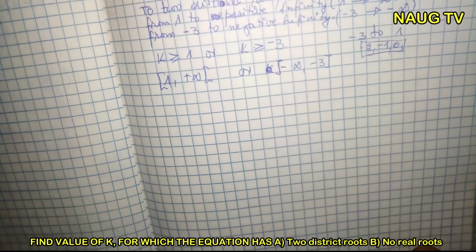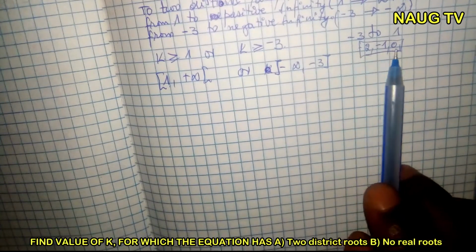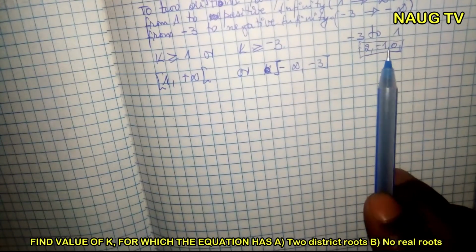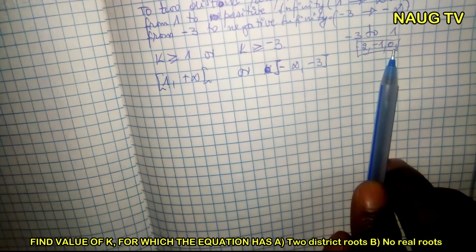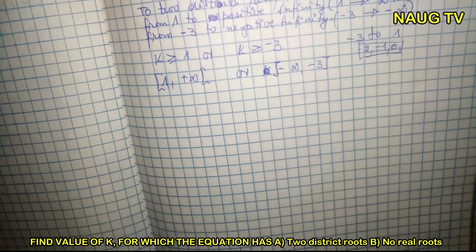So it simply means that at these values, negative 2, negative 1 and 0, we will have a complex root but not a real root.